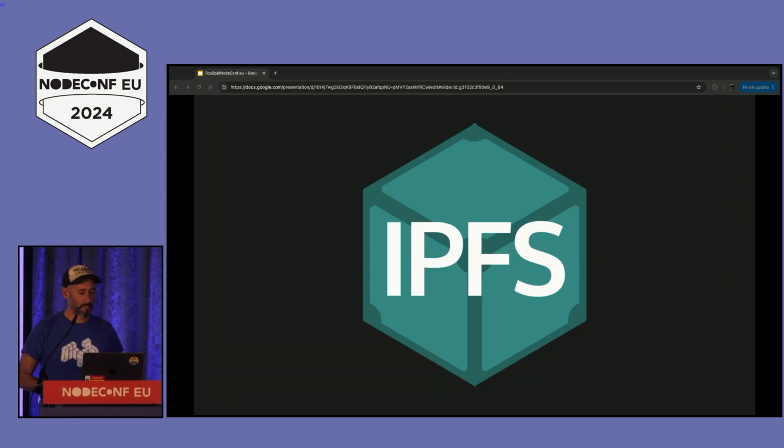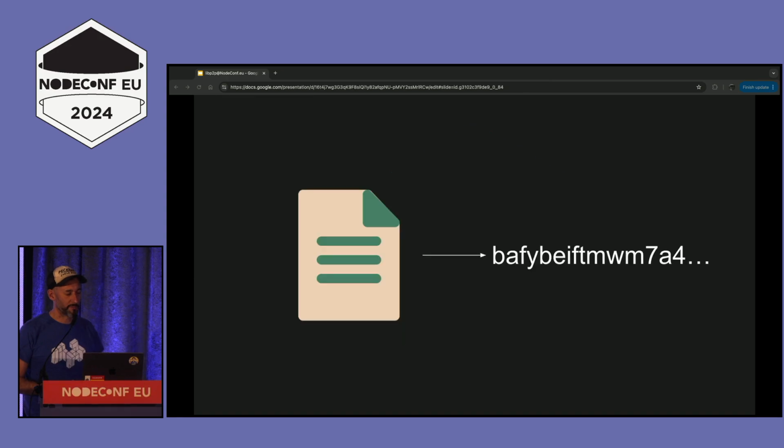That's libp2p. So a quick primer on IPFS. So what is it? The basic idea of it is you put a file in, you get a CID out, and then later on you can put a CID in and get a file out. I'll come back to CID shortly, but they're like a hash, but they're not a hash. It's not true to say that I'm just going to SHA-256 my file, and that will be the CID.